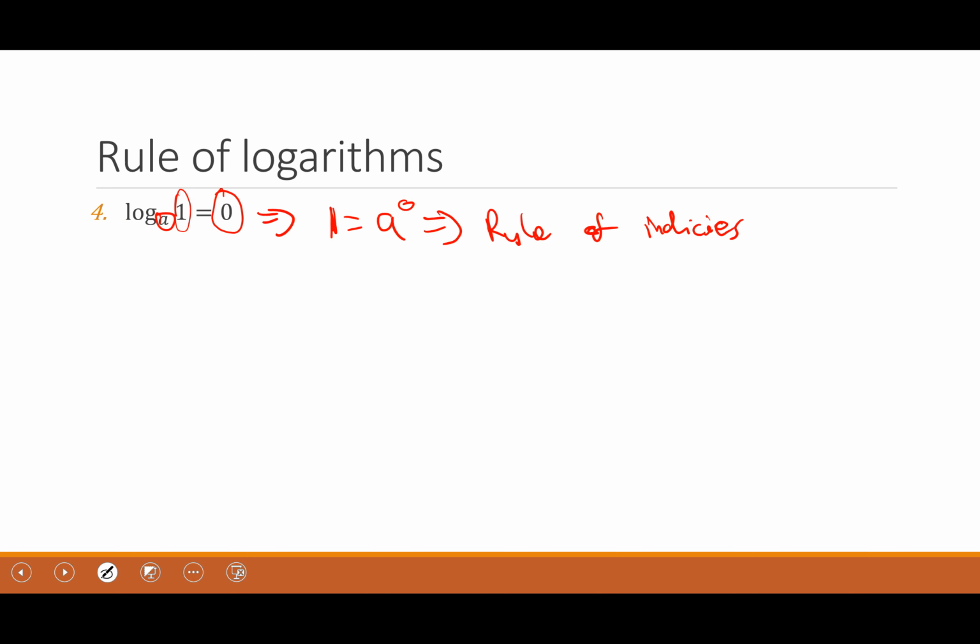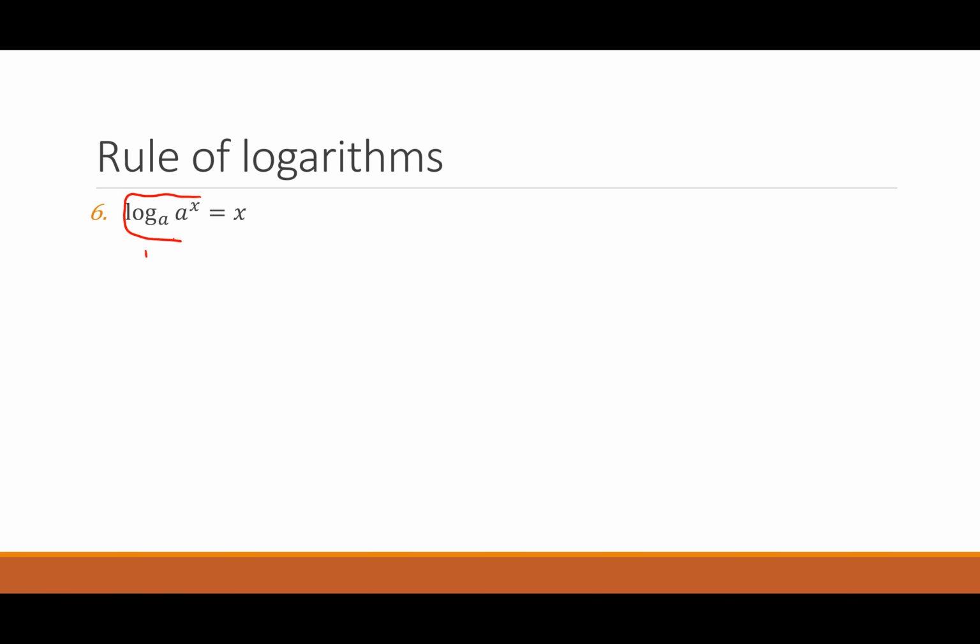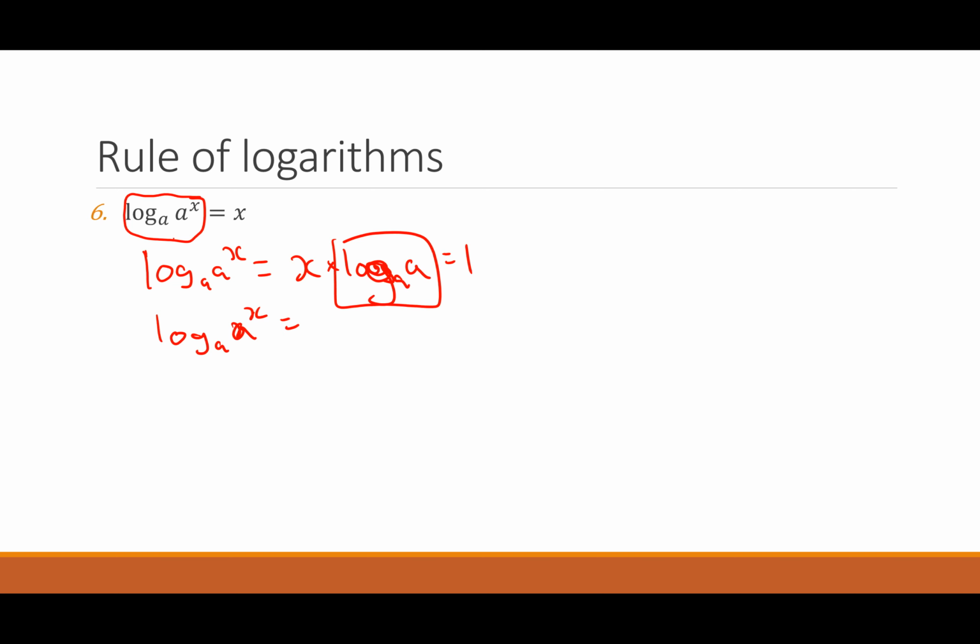So we'll apply that rule here and note that log with the base a of a to the x equals x times log with the base a of a. And from our previous rule that we just showed, this here equals 1. And so it follows that log with the base a of a to the x equals x.